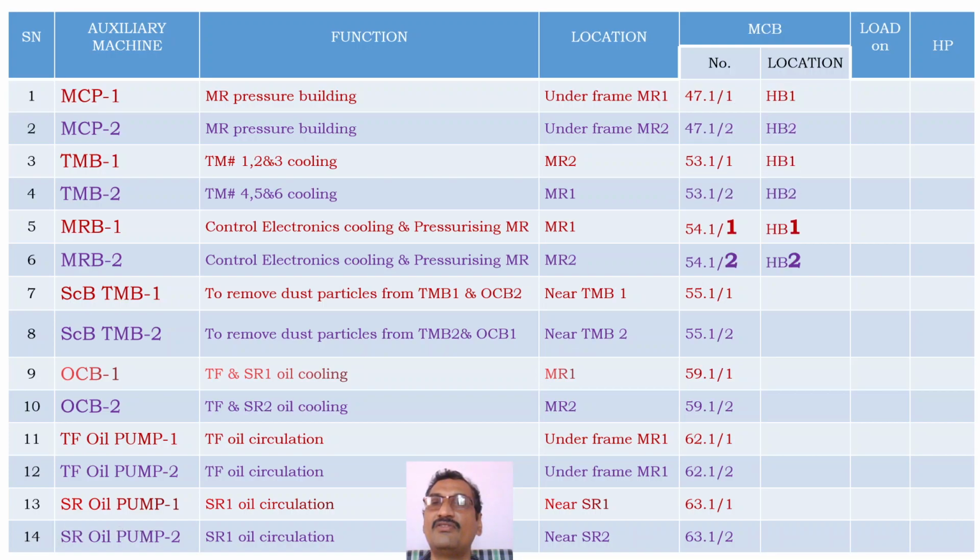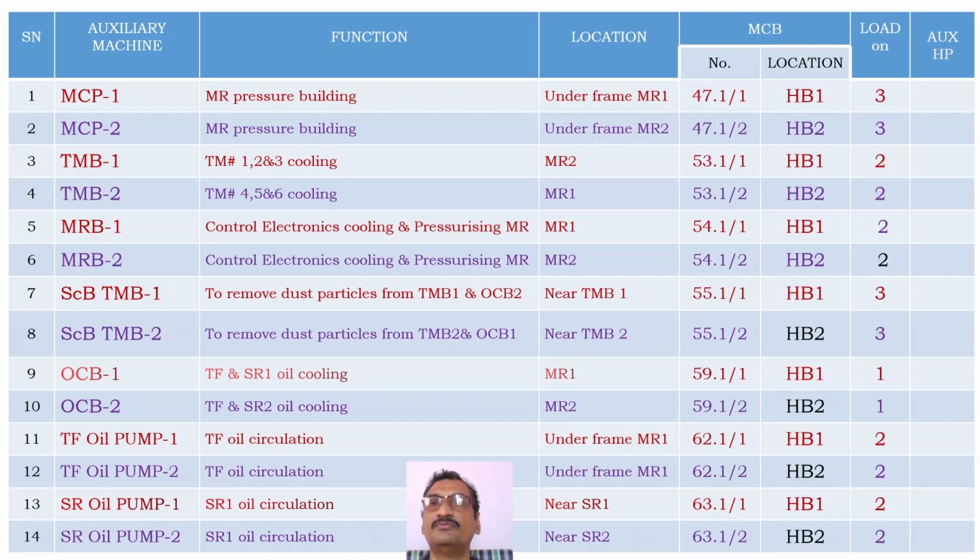Like this, we can see all the MCBs' locations, either HB1 or HB2, depending on the machine number, MCB1 or MCB2, HB1 or HB2, just like this. And which bus bar is the source of these machines, like this they are given. These are under normal working conditions.